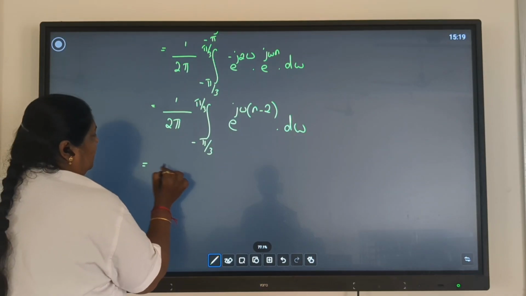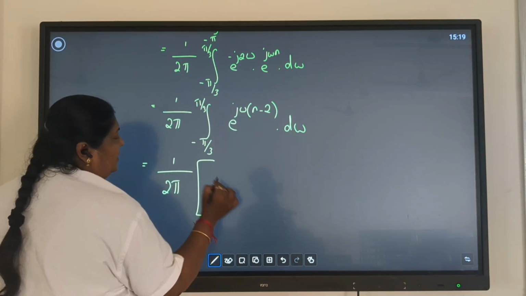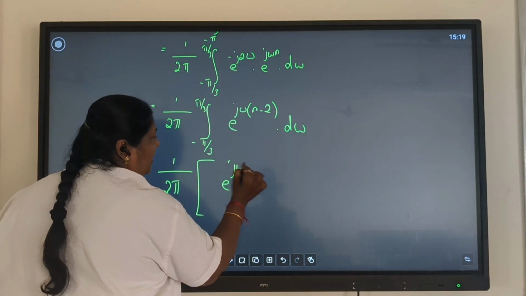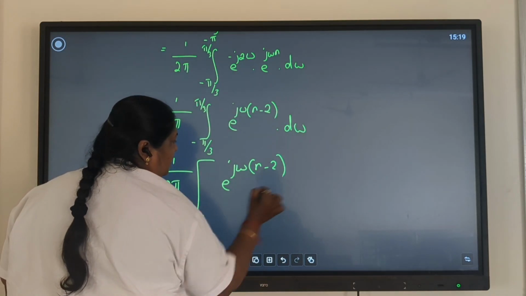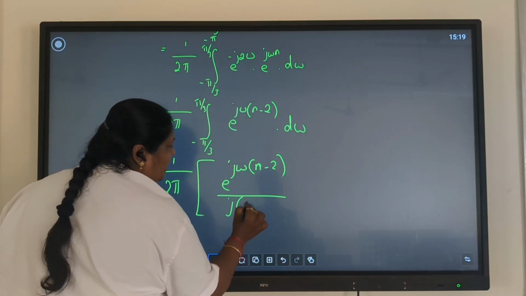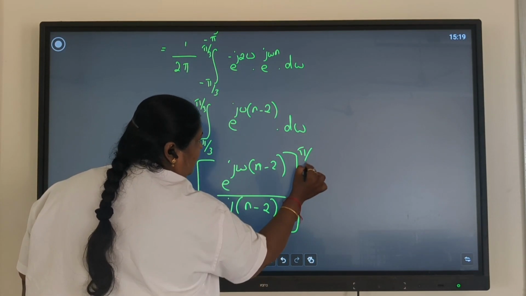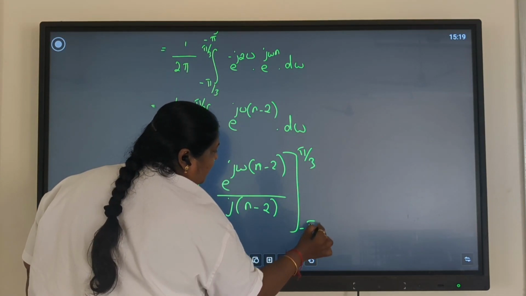So that is equal to 1 by 2 pi, e power j omega into n minus 2 divided by j into n minus 2. The upper limit is pi by 3, the lower limit is minus pi by 3.